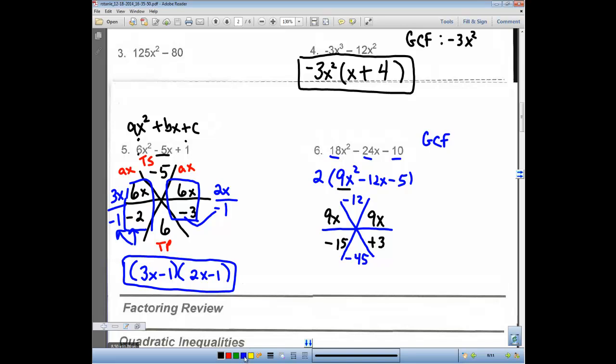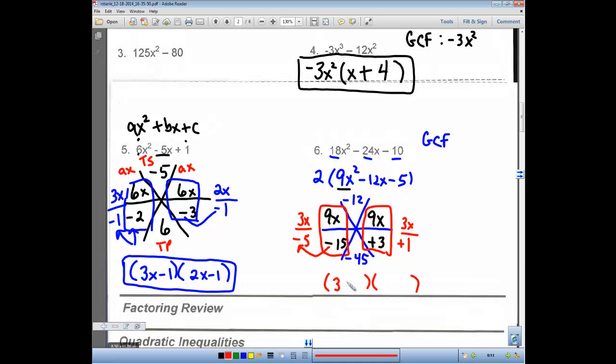Let's reduce these fractions. On this side here, 3 goes into 9 3 times. 3 goes into negative 15 negative 5 times. Remember, the negative has to stay on the bottom. Let's look at this fraction. 3 goes into 9x 3x times. 3 goes into 3 1 time.